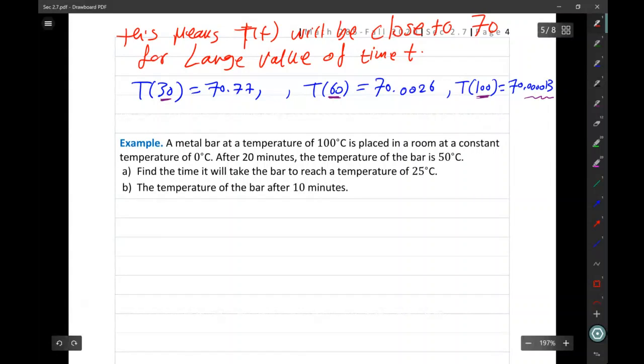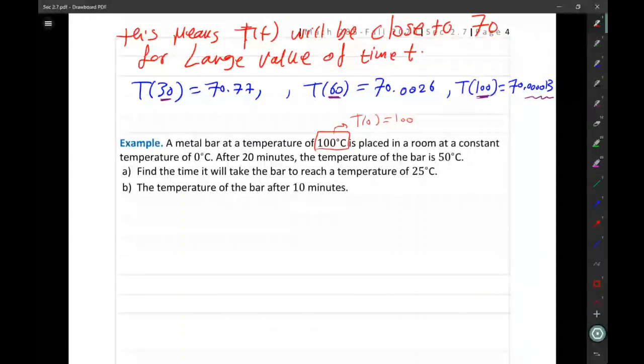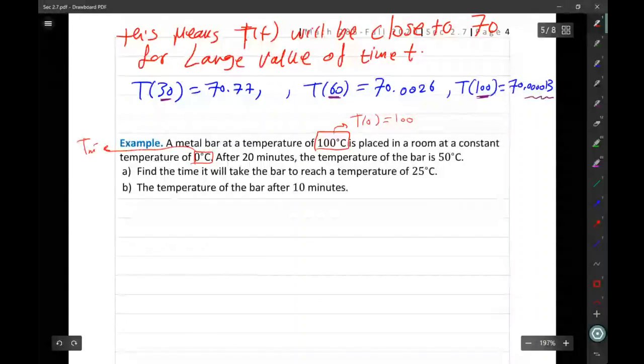A metal bar of 100 means T of 0 is equal to 100. Placed in a room with constant temperature 0 means that Tm is equal to 0.